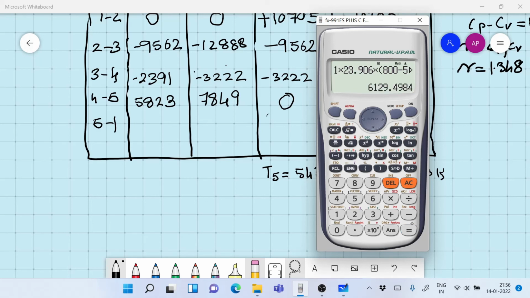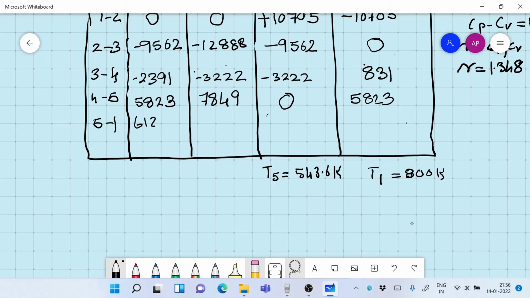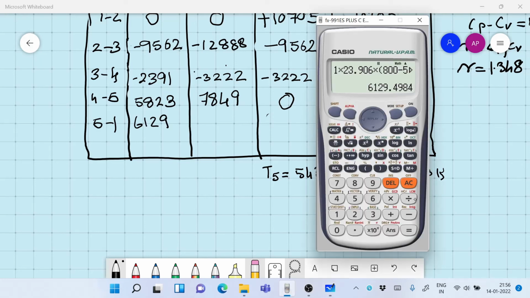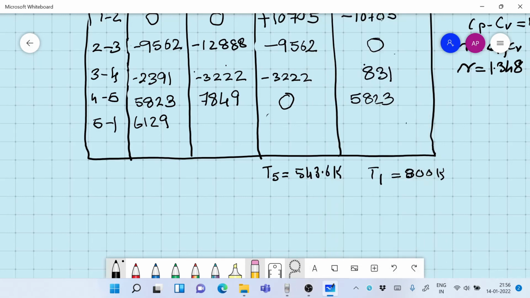That's 6,029. Divide this by 23.906 and multiply it by 32.22. We get it as 8,261. This is delta H.